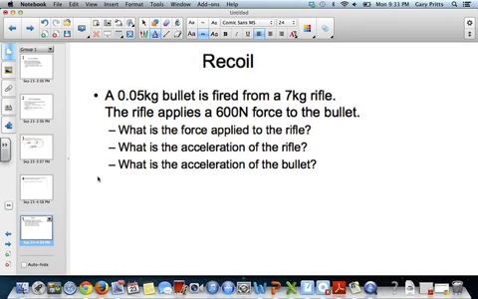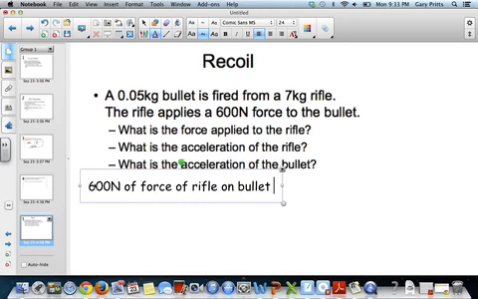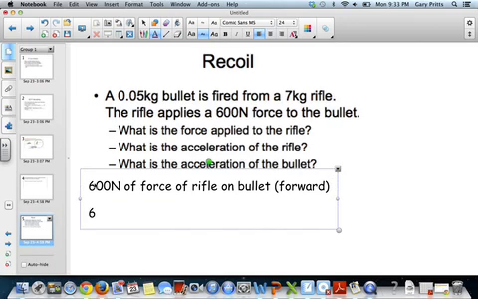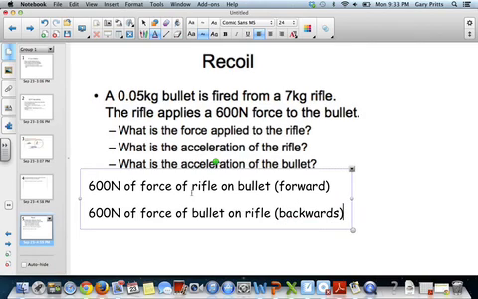We have force of the rifle, 600 newtons, force of the rifle on bullet, and this force is forward, right, because the bullet is going to move forward. So you also have to have 600 newtons of force of the bullet on the rifle. And the rifle gets pushed backwards, and this is your recoil.